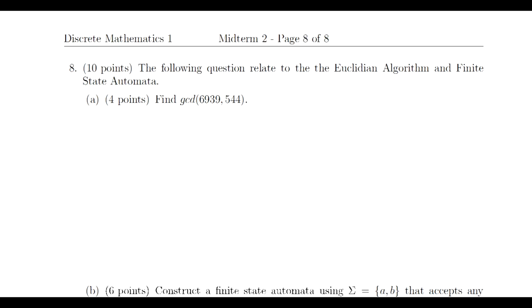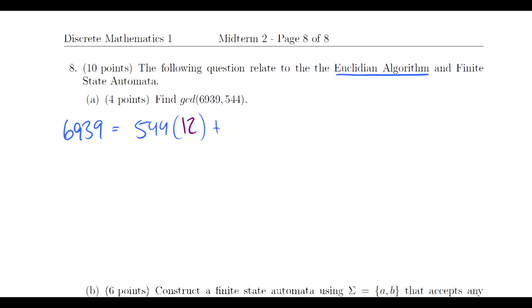So we need to use the Euclidean algorithm. Well, we don't need to, but I didn't say you have to, but you could. So GCD of 6939 and 544, if we remember how the algorithm works, we take 6939 and it equals 544 times some number plus a remainder.